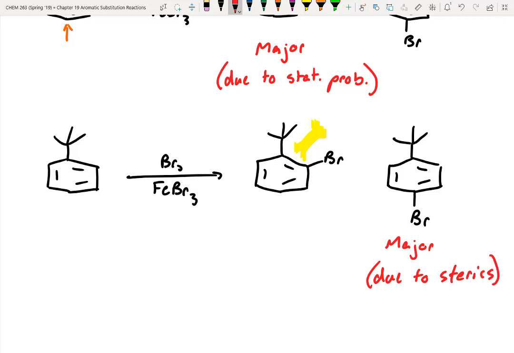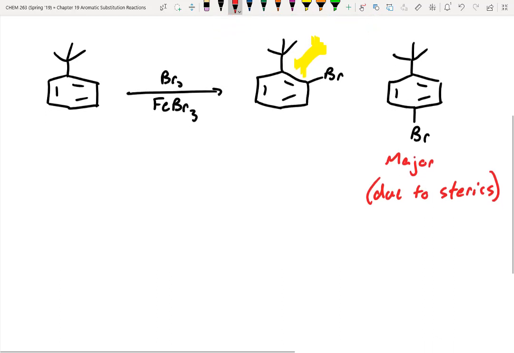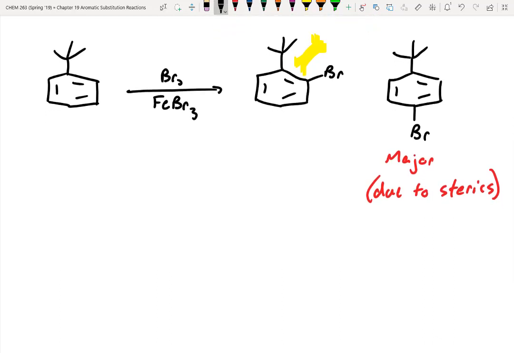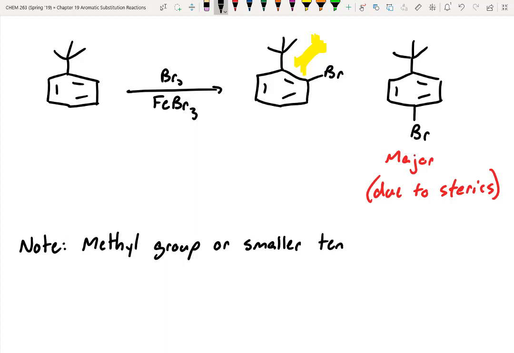In general, anything larger than a methyl group will favor the para substitution pattern due to sterics, but anything that's a methyl group or smaller tends to favor ortho due to statistical probability. So let's make a note of that. So methyl group or smaller tends to favor para.